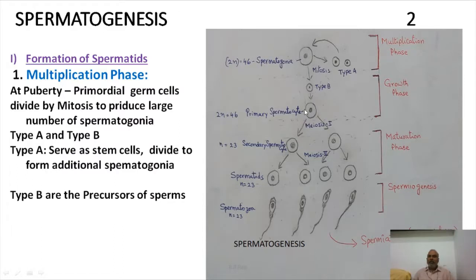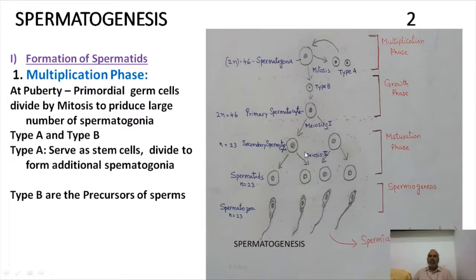This increase in size is called the growth phase. Which cell undergoes the growth phase? The primary spermatocyte. What is its chromosomal status? Diploid. And how is it formed? By mitosis from spermatogonia.